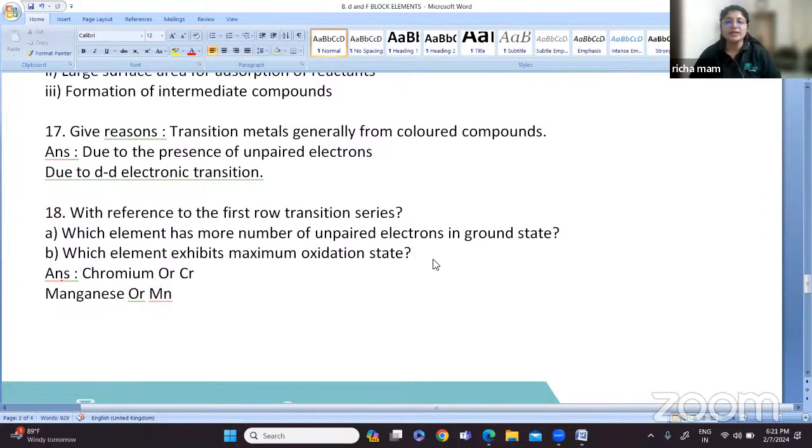Which element has the most unpaired electrons in the ground state? When you compare the first row transition series, which element will have the most unpaired electrons in its ground state?